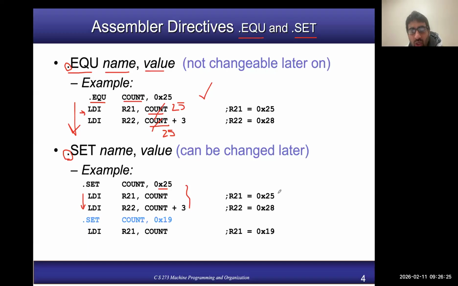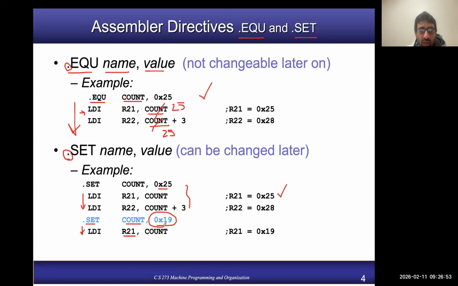So the instructions will be load immediate R21 count, which is 0x25, and load immediate R22, which is 0x28, right? But after this second .set directive, where we have set the count to 0x19, in this instruction the updated value, which is 0x19, will be used.